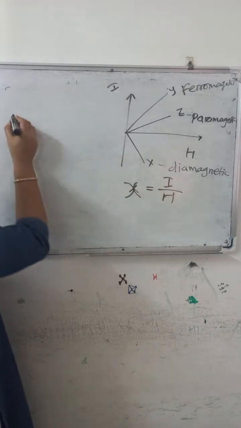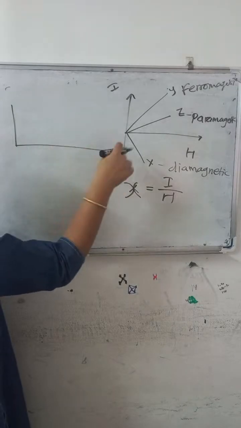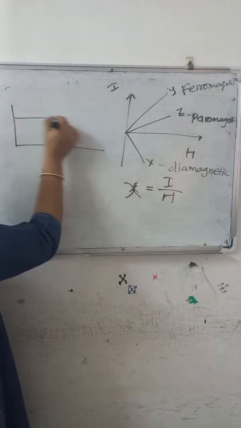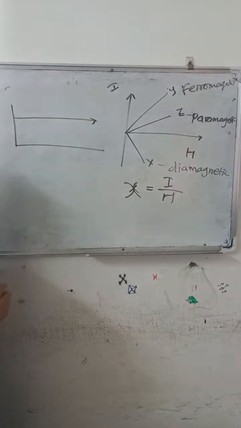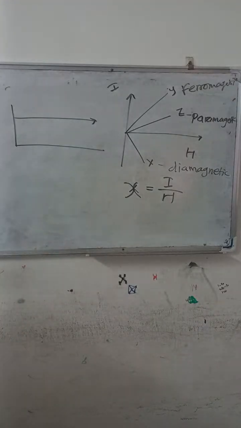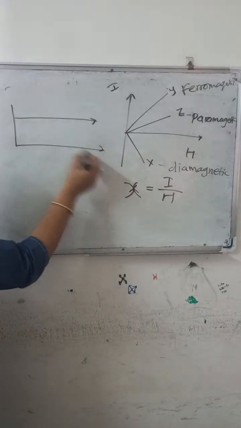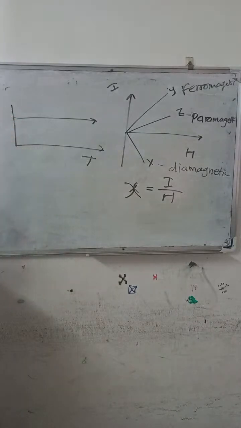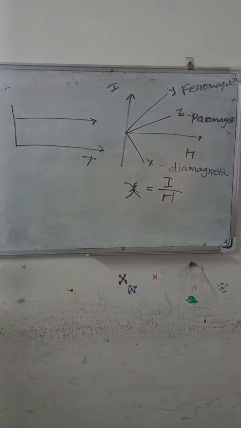If you change the temperature of a diamagnetic material, it is not affected. You will get a constant graph only, with no change taking place. This is the temperature axis, and this is susceptibility. The susceptibility of the diamagnetic material will remain the same. It will not change. Getting this? So this is the second bit.